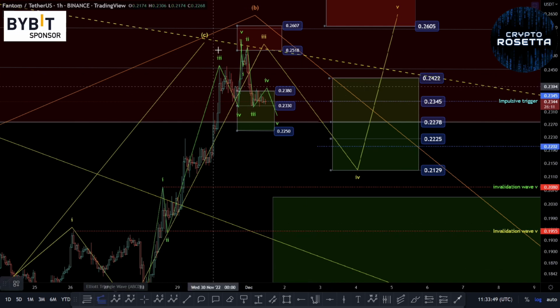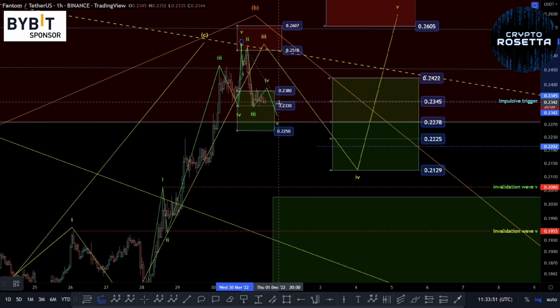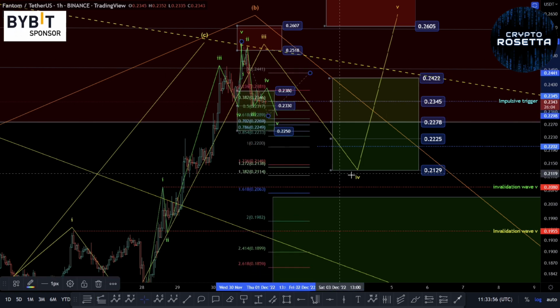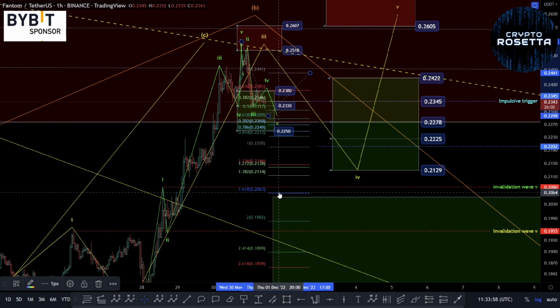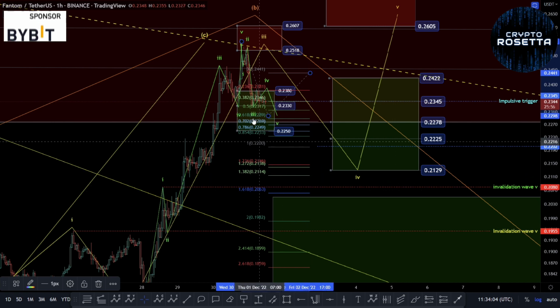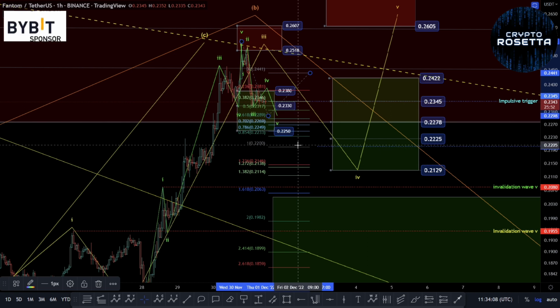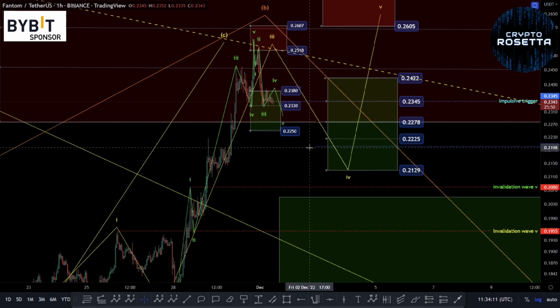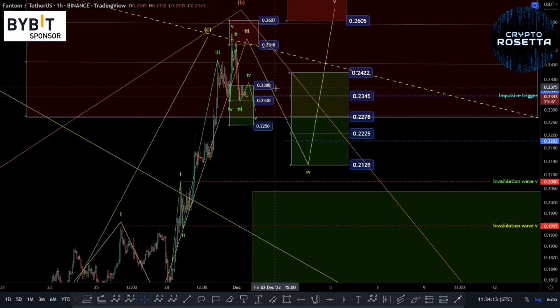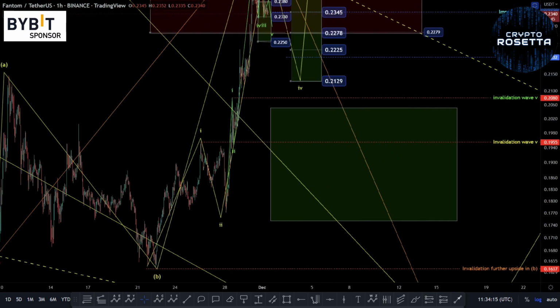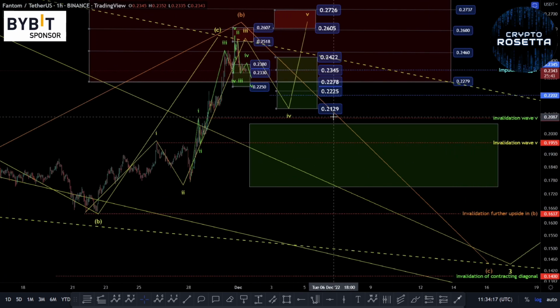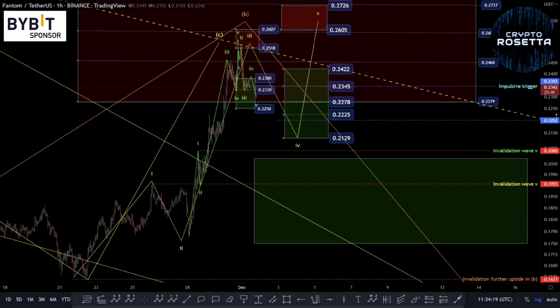And if we go off of what we plotted, so if we say it comes down to here and then it retraces back up to this zone, we'd be looking at falling below this 20 cent region, which would be an impulsive move here to the downside, and then that would be a little bit more of a confirmation that we could potentially be looking to start this C wave to the downside. So that is what we're going to be looking out for.